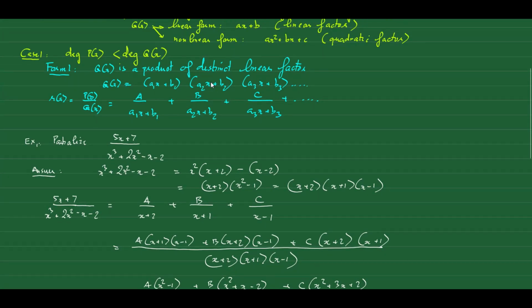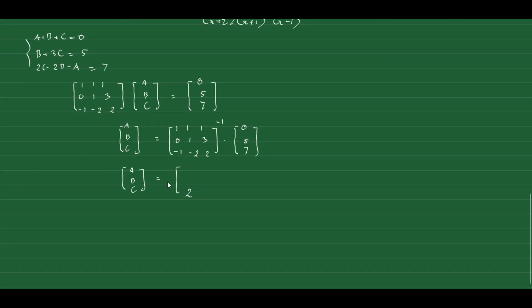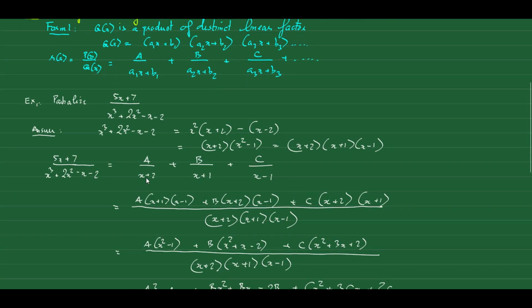That's what I already solved. So it will be 2 right here. X will be negative 1. So B will be negative 1, and x plus 2 will be your a.